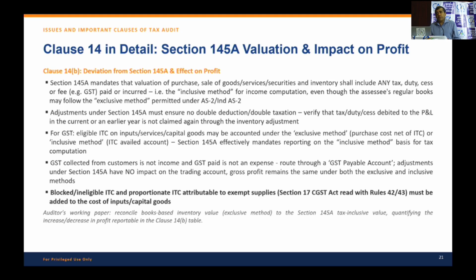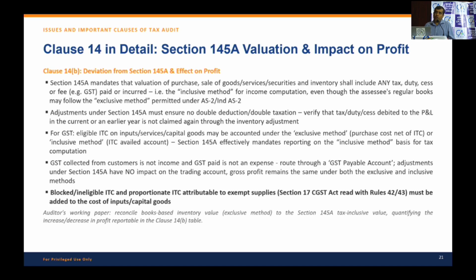One important thing when it comes to 145A, and now it will come to books. There are certain credits which are blocked credits or ineligible credits. Those GST portions should form part of inventory even for your books purpose as well. Forget 145A.